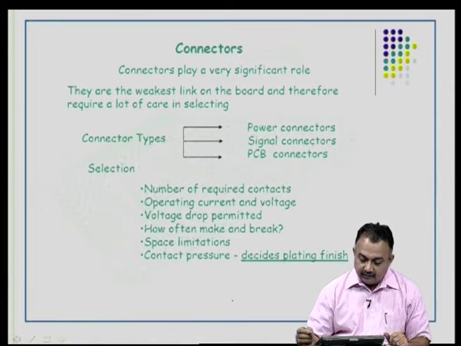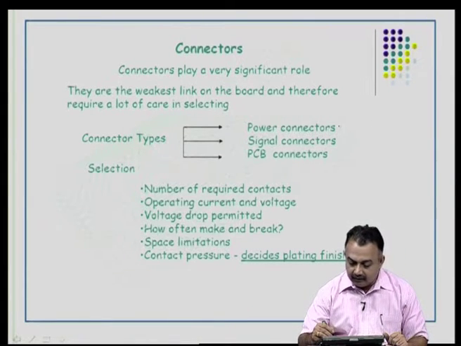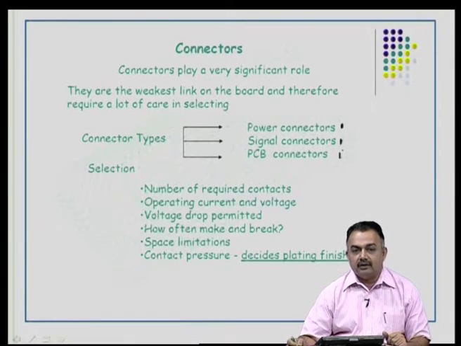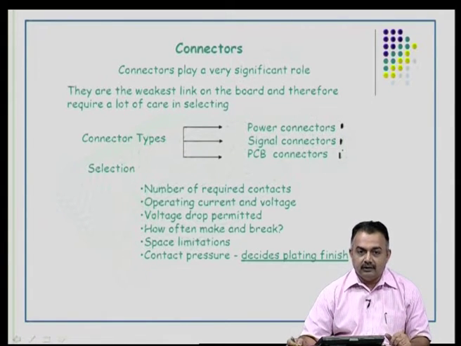The connector types are power connectors, signal connectors, and simple PCB to PCB connectors. Now, if you look at a power connector, because of power handling requirements, large power, you may have to choose very carefully the connector type.